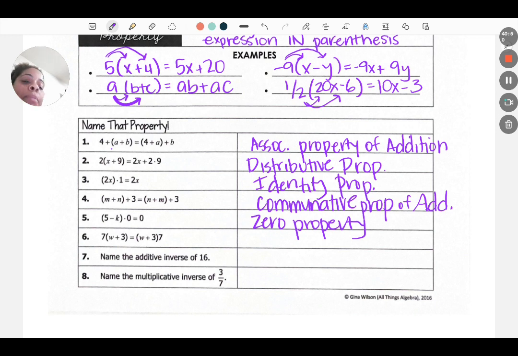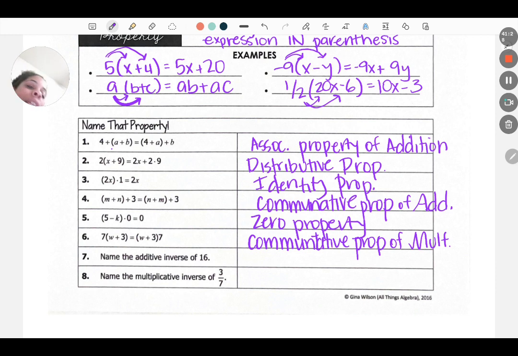Remember, you can communicate, like 7 can communicate with W, or 7 can communicate with 3, or you can make 7 communicate with 3 first, and then 7 can communicate with W over here, right? They just communicated them differently, or they moved the 7. So this is commutative property of multiplication. They just moved the numbers around.